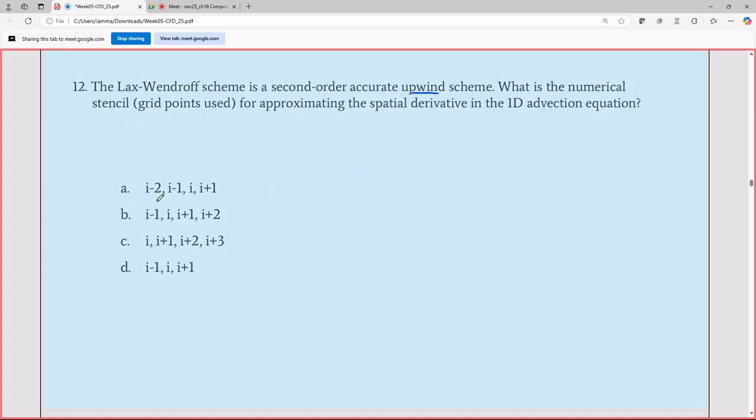Options are option A, I minus 2, I minus 1, I plus 1. Option B, I minus 1, I plus 1, I plus 2. Option C, I plus 1, I plus 2, I plus 3. Option D, I minus 1, I plus 1.